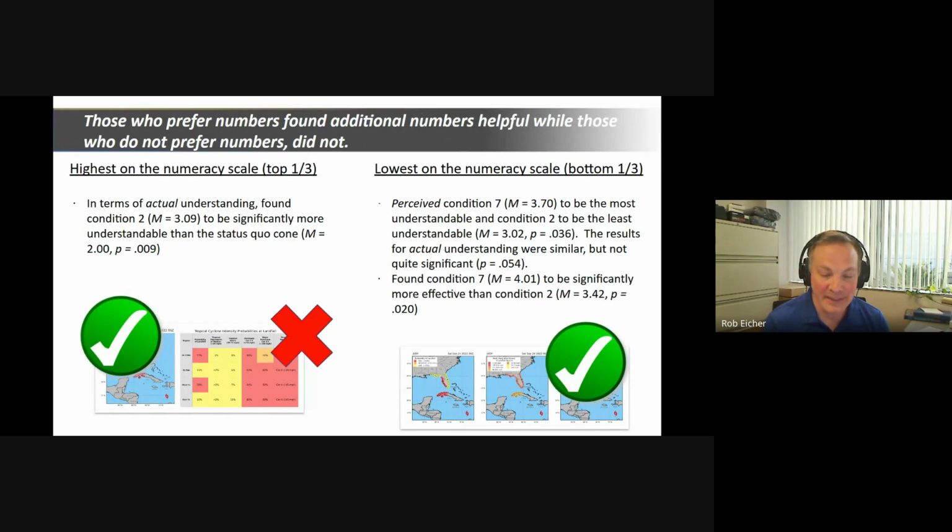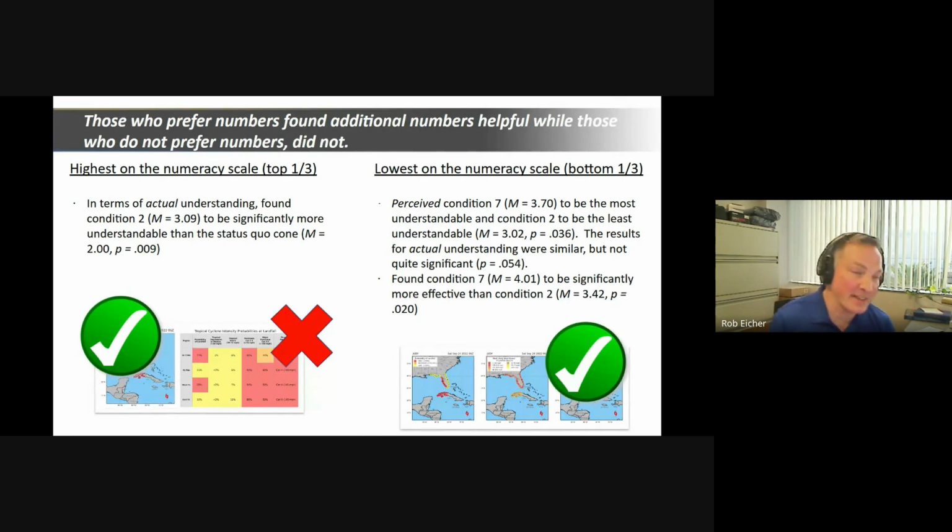We also separated by numeracy skills as part of the second round of surveys. We asked them questions like, how comfortable are you calculating a tip? How comfortable are you with percentages? And those that scored in the top third of that numeracy scale, so those that said they were very comfortable with numbers, actually preferred the longer table version. They better understood that one than any other prototype.